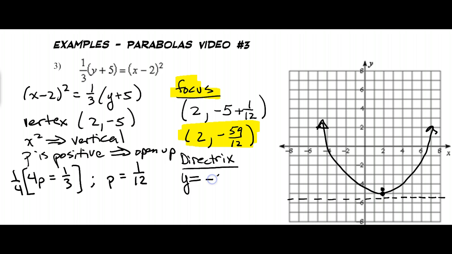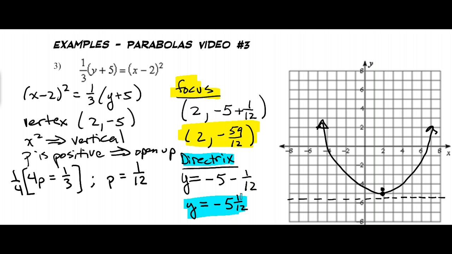So it's going to be at -5, and then we're moving down, so minus 1/12. And if we simplify that, we get y equals -5 and 1/12. Again, if you want to write that as an improper fraction, that's fine. So our directrix is, again, a line, and it has equation y equals -5 and 1/12.